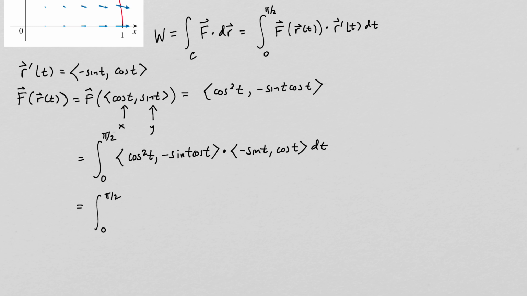All we have to do here is multiply the x components, so cosine of t times negative sine of t is negative cosine squared of t sine of t. And then we have plus this times this, which is going to be minus sine of t times cosine squared. Oh, how convenient. It's the same thing, right? dt. So that's going to be negative 2 of those.